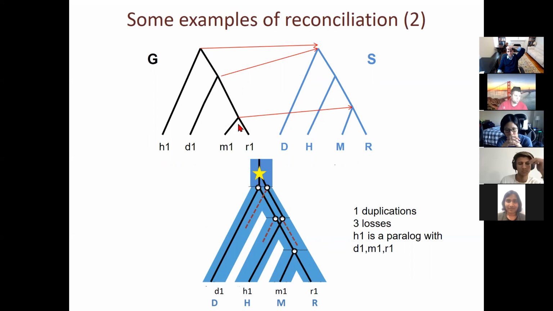So if we make the slightest mistake in the gene tree, we can end up with 1 duplication and 3 losses and a lot of paralogous relationships simply because of that. So that's why it's extremely important to understand the confidence with which we can say that there was, in fact, a different topology. Does everybody see this enormous impact that just one swap can have on the numbers of inferred duplications and losses based on this reconciliation approach?